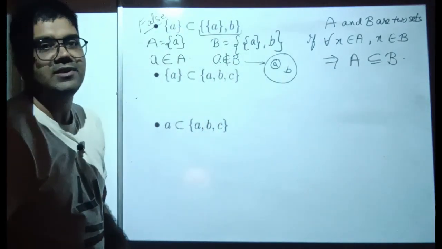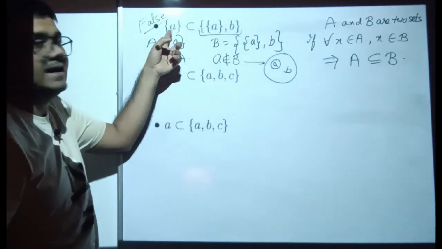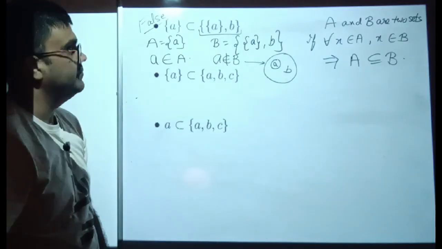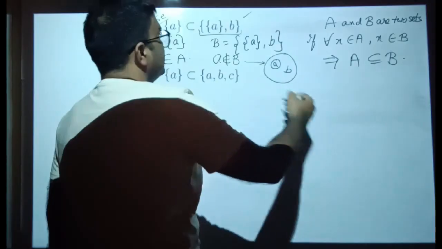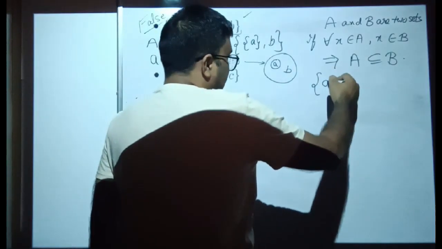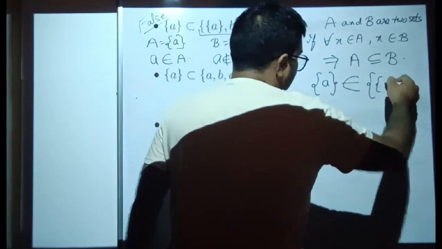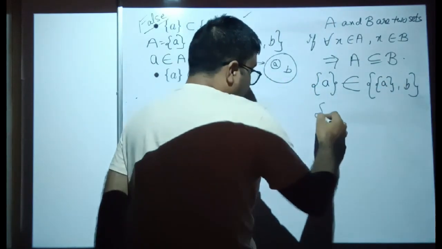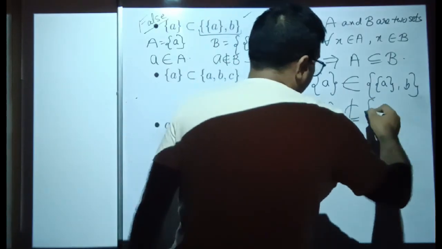A is not a subset of B because this set has an element a which is not present in the set B. But the set A belongs to the set B, but set A is not a subset of set B.